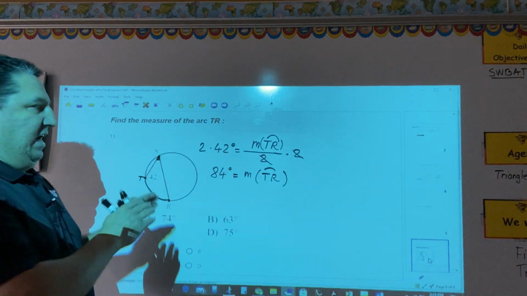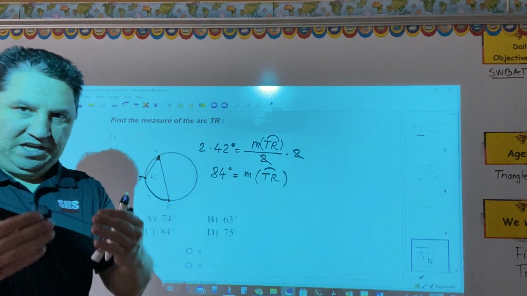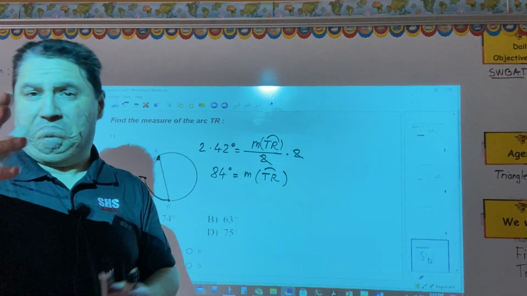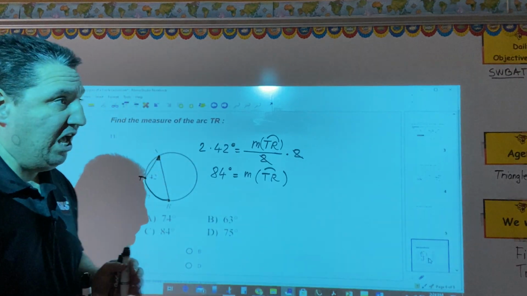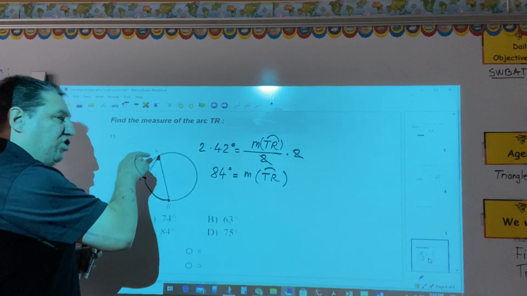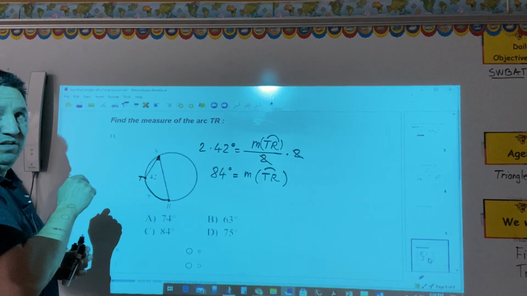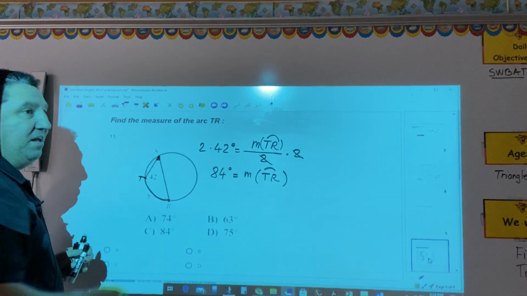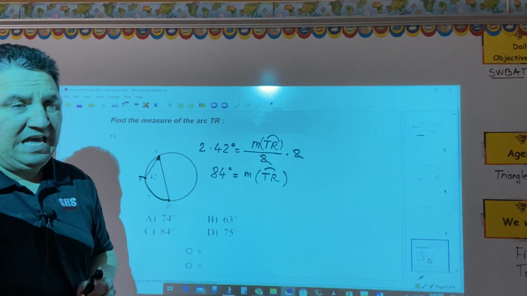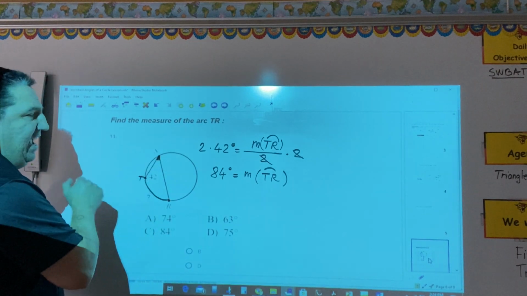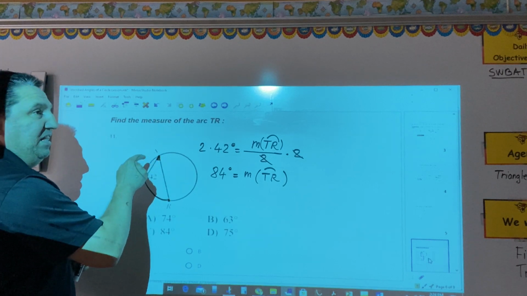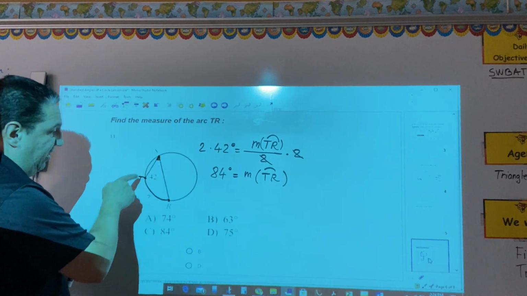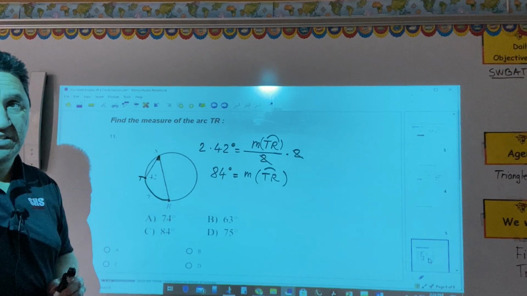So, when we deal with inscribed angles, we have probably 2 main types of problems. When the measure of the inscribed angle is given and we need to find the measure of the intercepted arc, we multiply the measure of the inscribed angle by 2 to get the measure of the intercepted arc.